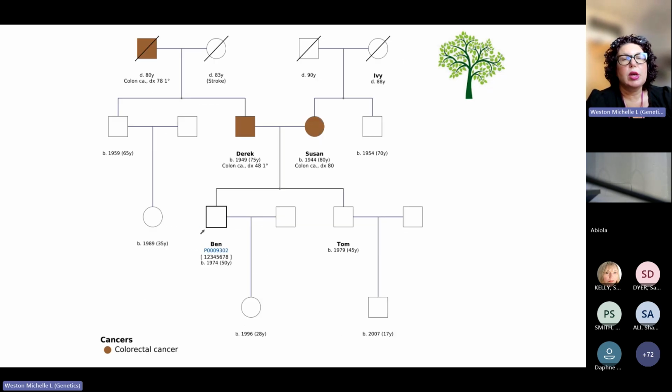So then the next one is bowel cancer family history. Here on this slide, we have Ben, and his mother was diagnosed with bowel cancer, as well as his father and grandfather, and he wants regular colonoscopies. He feels that he's got a strong family history of bowel cancer because of both of his parents.